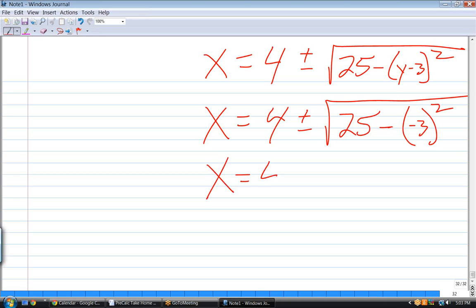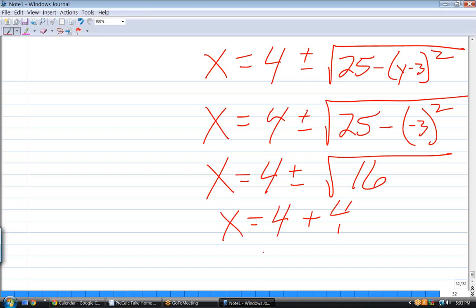Well, I got 4 plus or minus the square root of 16, which is 4. So x equals 4 plus 4, and x equals 4 minus 4.